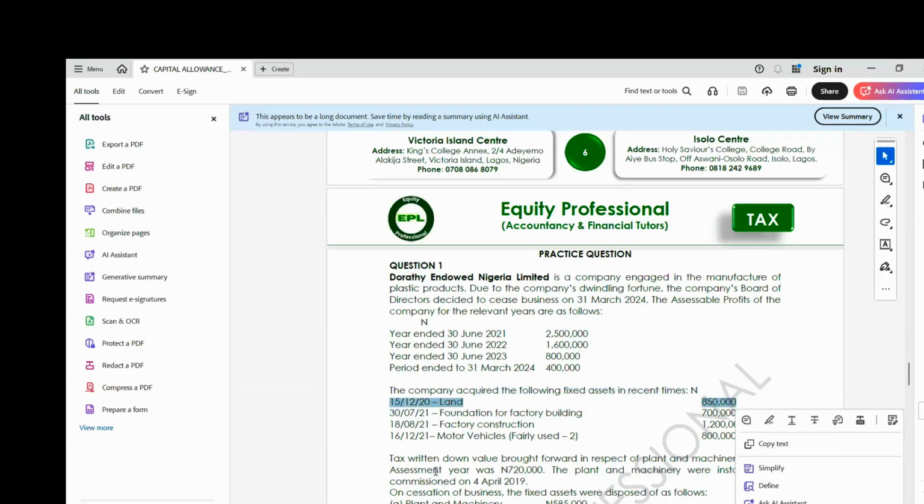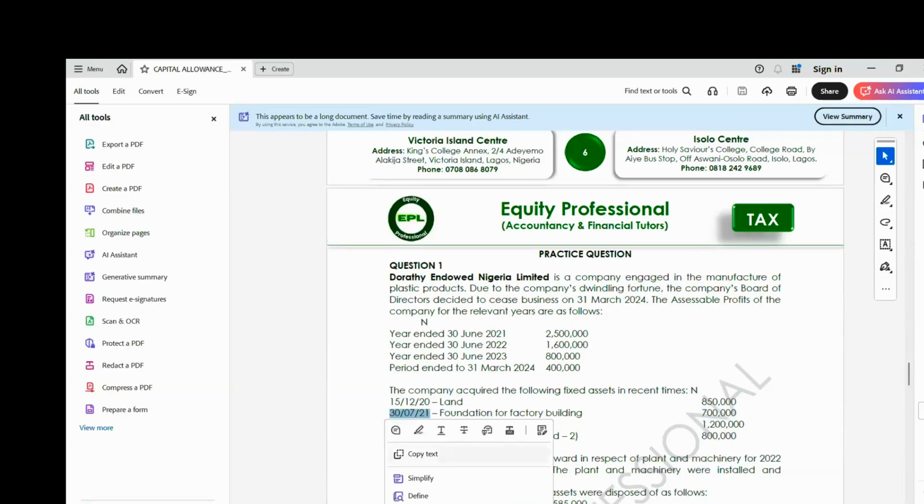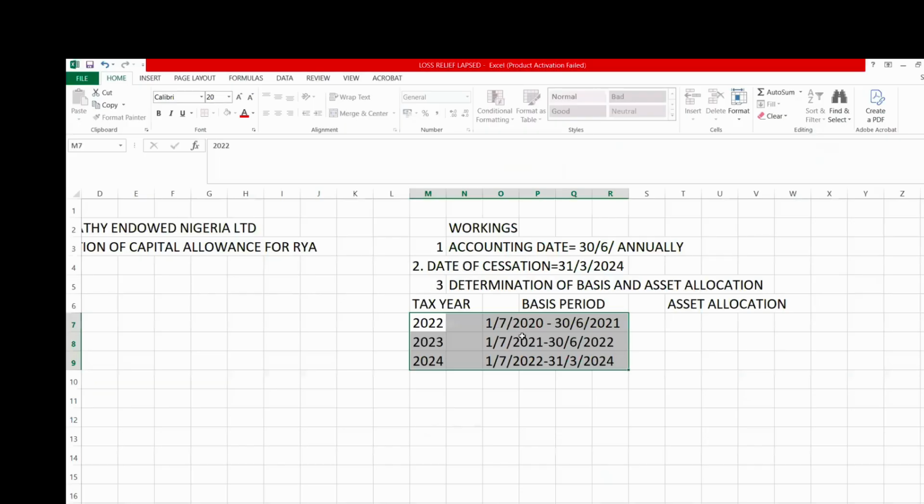But then after that, we have 3/7/2021, foundation of factory building. So what I need here is this date. I want to look at this date, 3/7/2021. So let's go back to our sheet, to your basis periods.